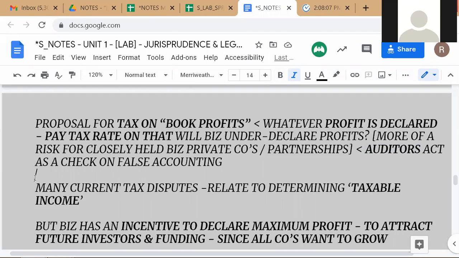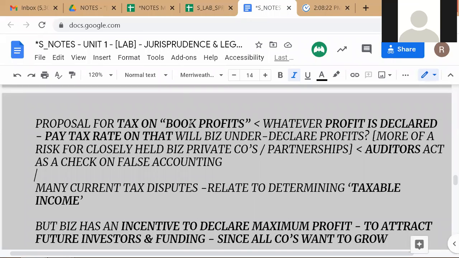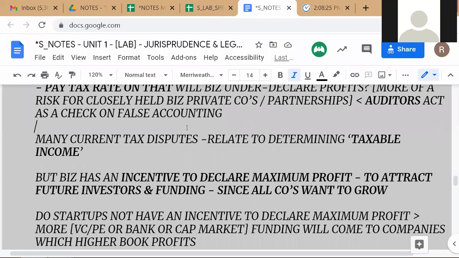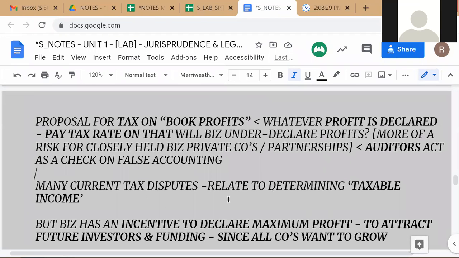They went bankrupt as they were involved in the Enron fraud, and they failed to check it. Hundreds of people lost their jobs. So auditors also have an incentive to check false accounting. There are incentives built into the system which ensure that it's not necessarily true that companies will under-declare profits in a systematic way.